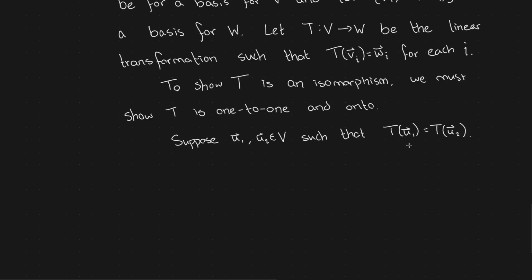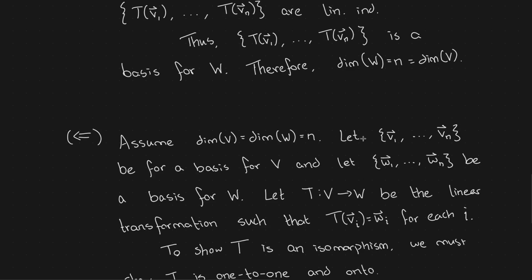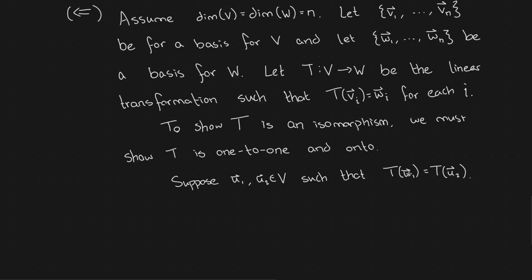What I want to show is that if this is true, then u1 and u2 have to be the same value. In other words, there's actually only one value that gives me that output. All right, what we're going to do is use the fact that we have a basis in vector space V, V1 to Vn.